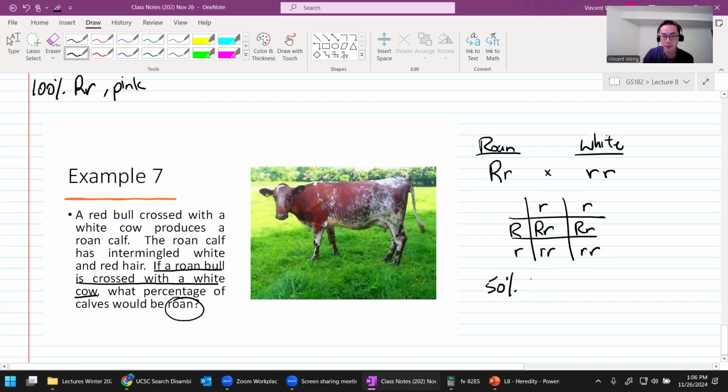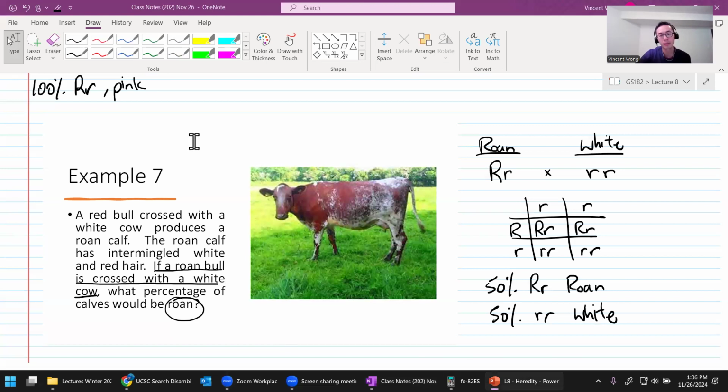And it will be 50% roan and 50% small r, which is white. And so I think these are much easier than the dihybrid cross questions. But on the test, they are all mixed up, right? So you have to be careful and decide which type of questions you're dealing with.